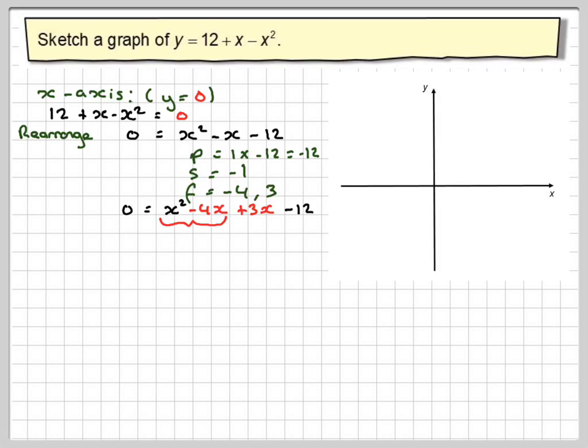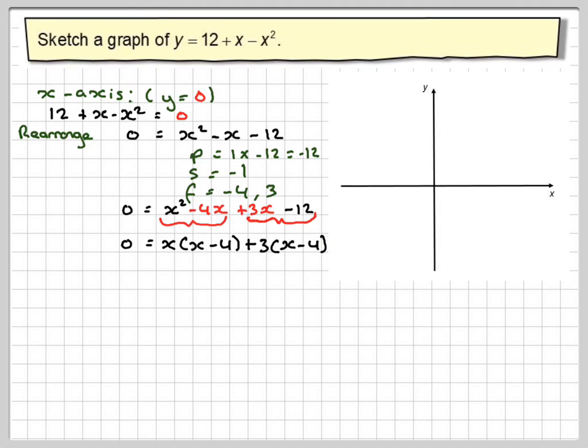We group these two together, take out x. We get x minus 4. And then we bring down the plus sign, group these two together. We get a common factor of 3, brackets, x minus 4, because 3 times minus 4 gives me minus 12.